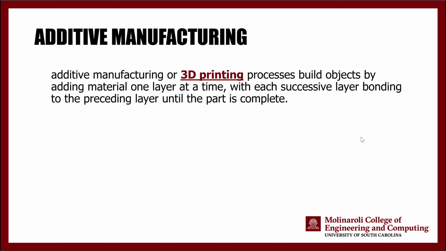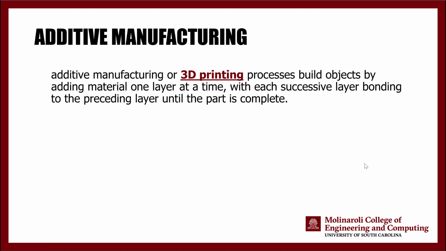Additive manufacturing, on the other hand, also has different processes. It's not just one 3D printing process, but most of them, essentially all of them, include creating the first layer based on a sliced version of your CAD model, and then putting another layer on top of it.